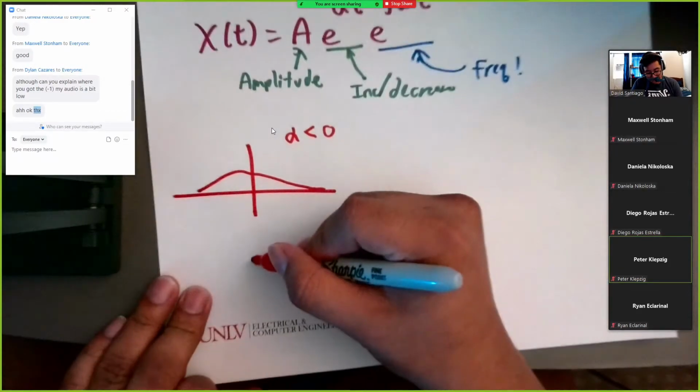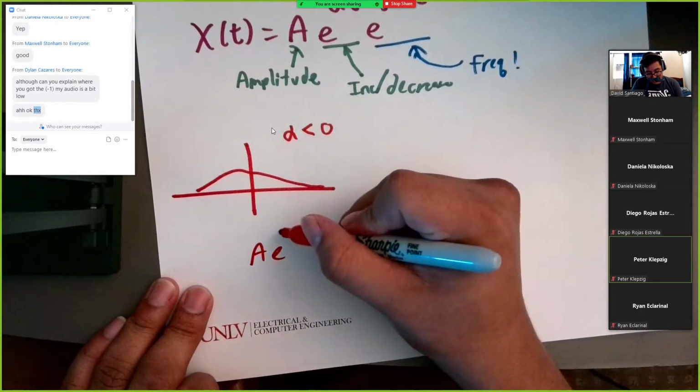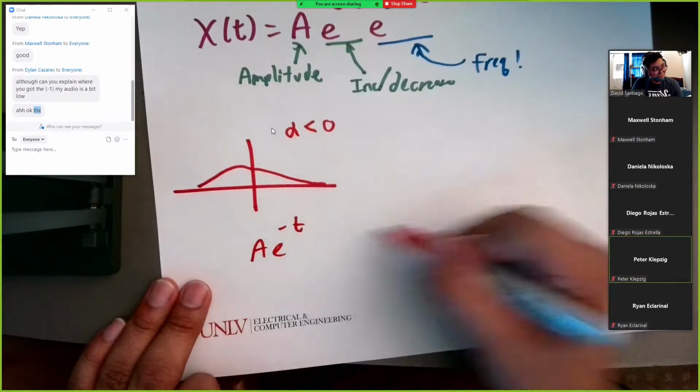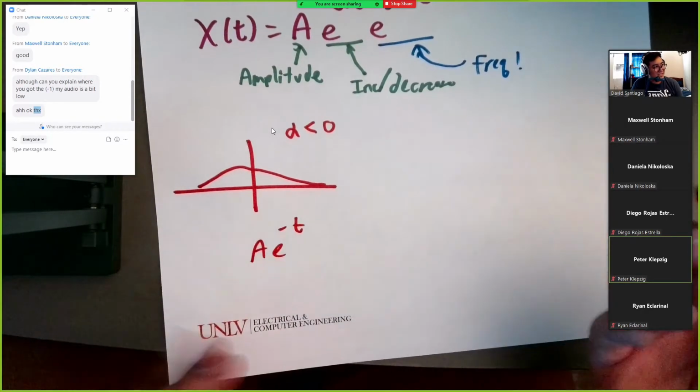If it were a e to the minus t or something like that, that's the simplest one. As time goes to infinity, it decreases, which means it's finite.